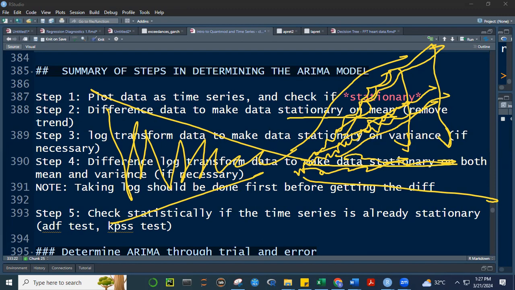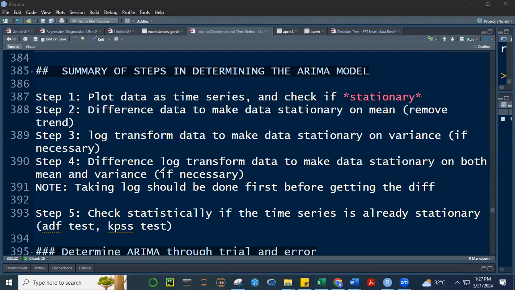So to address that, what we often do is to get the log. Get the log of the data. All right? So if the data is not stationary in mean, then just get the difference. If the data is not stationary in variance, but it does not display trend, then just get the log transformation.